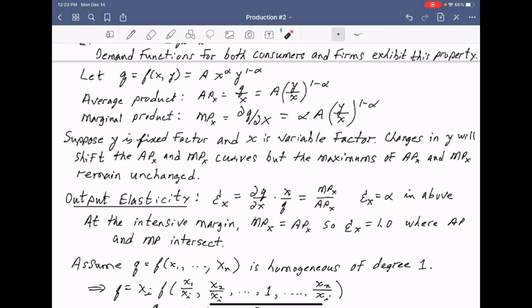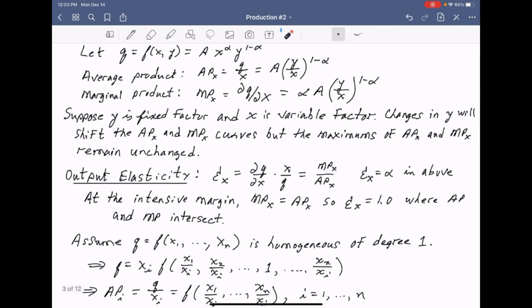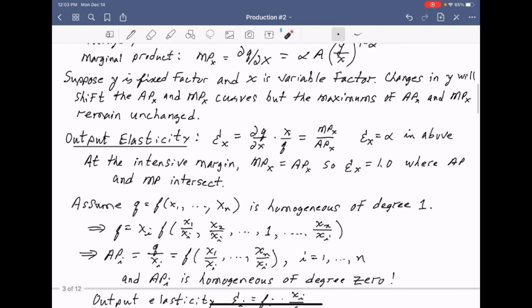Suppose y is fixed and x is variable. Changes in y will shift the average product of x and the marginal product of x curves, but the maximums or maxima of APx, the average product, and of the marginal product remain unchanged. So even though we shift the curves around, basically the maximums of average and marginal product are unchanged.